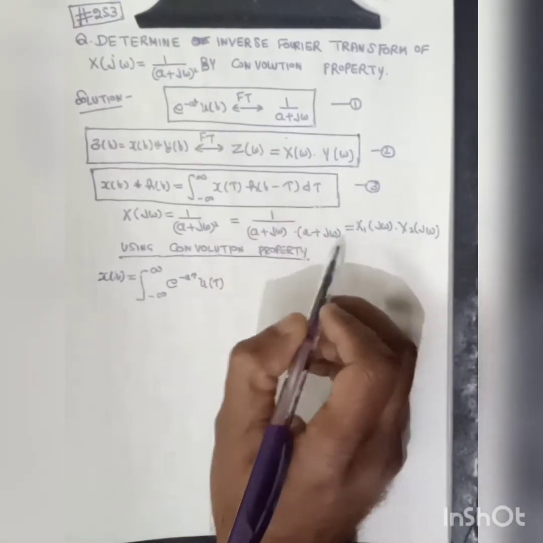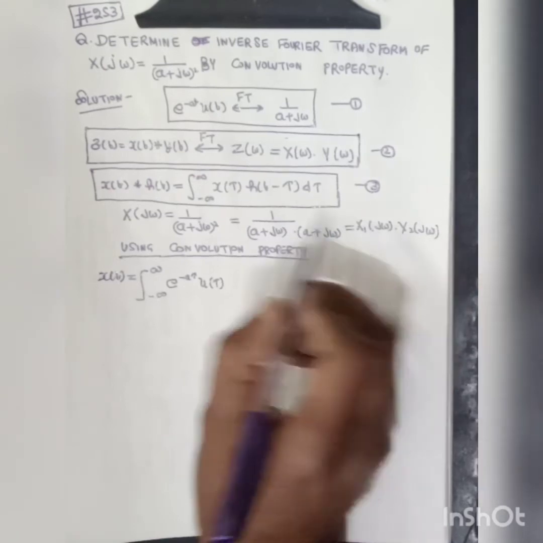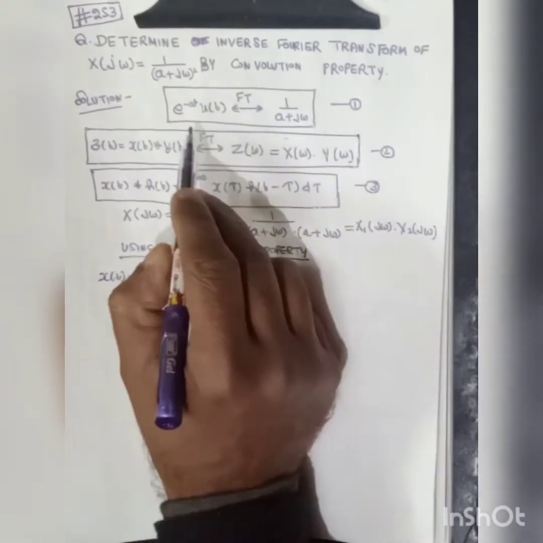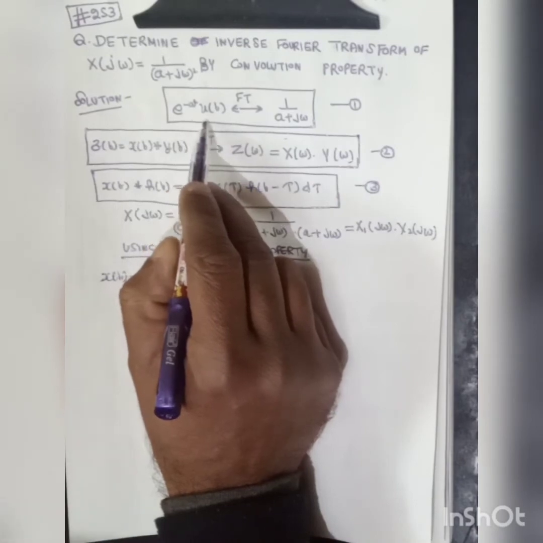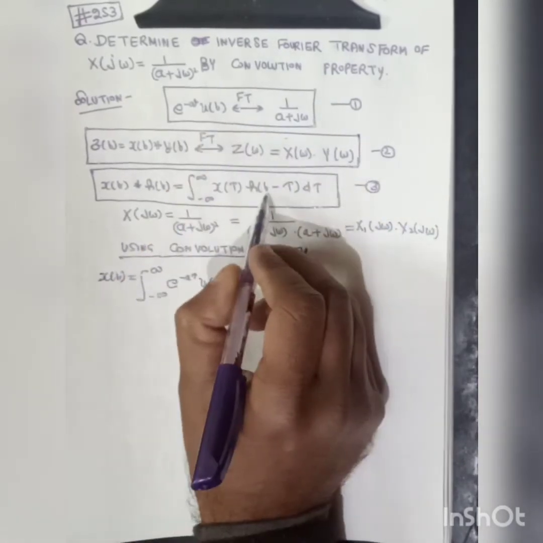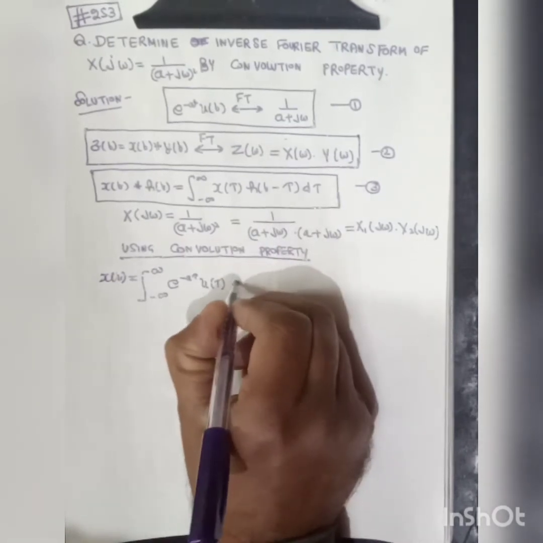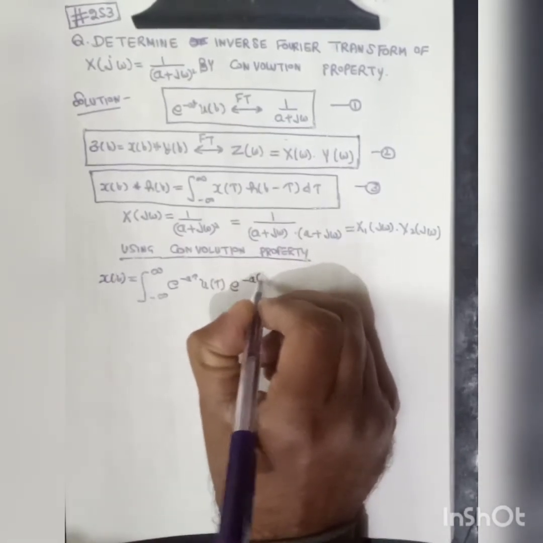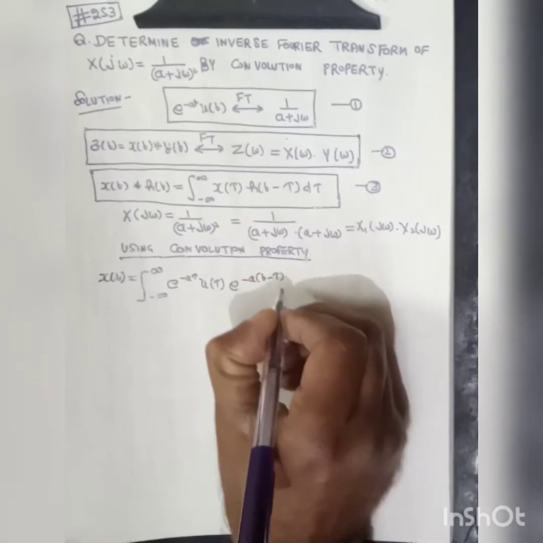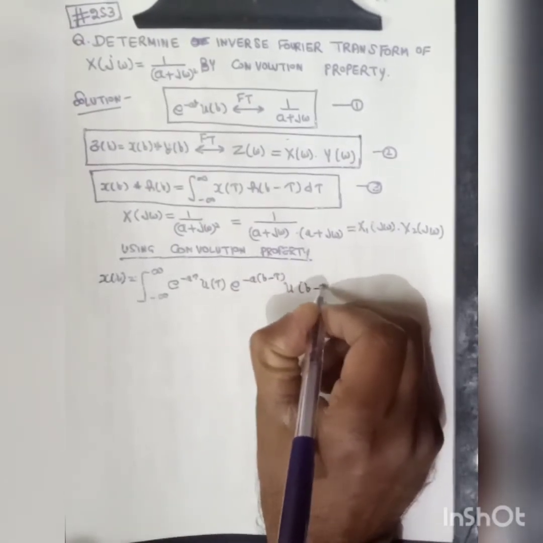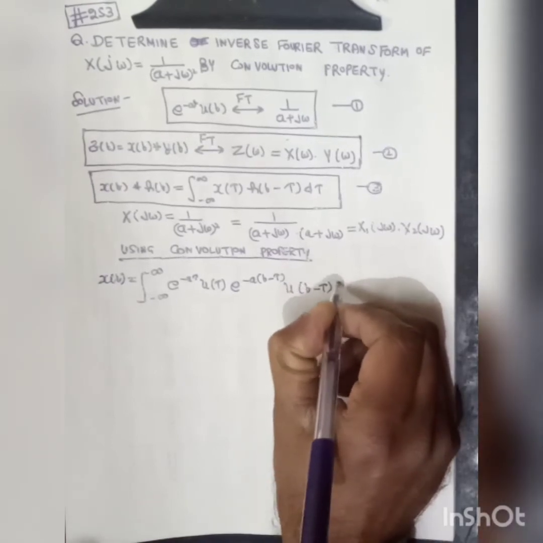We write this function as the inverse transform of 1 upon (a plus j omega), which is e to the power minus at u(t). We write the t minus tau function, so it will be e to the power minus a(t minus tau) u(t minus tau) d tau.